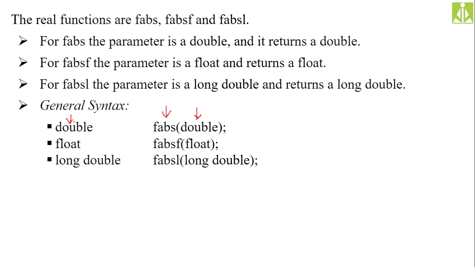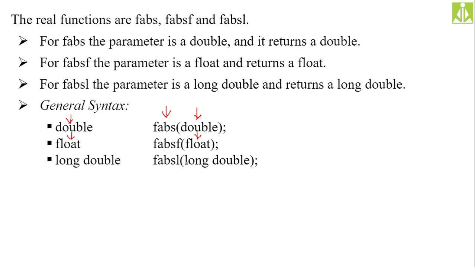And if you want to make that same function operate on a float value, simply add F after the function name. FABSF, floating point absolute on float. By default it is on double, so if you want to make it on float, just suffix an F after the function name. So now this FABSF will operate on floating point numbers.